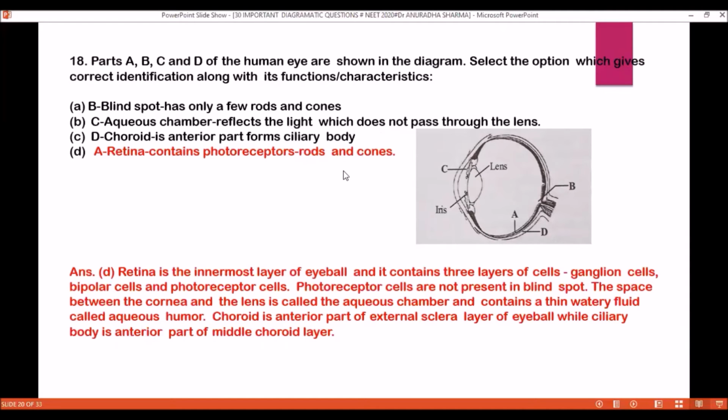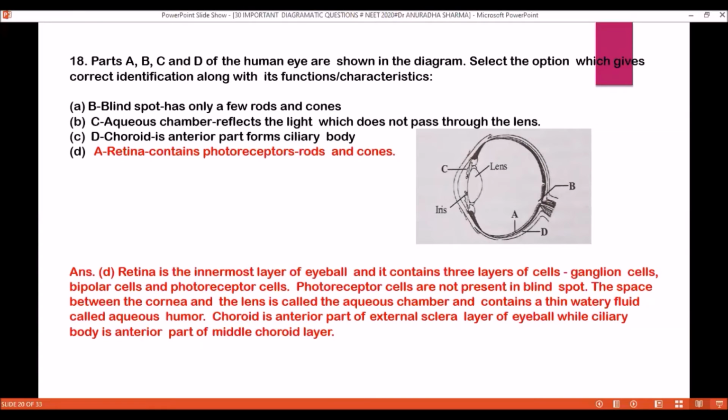is rods and cones. So retina, we know it is the innermost layer of the eyeball, and it contains basically three types of cells, that is ganglion cells, bipolar cells and photoreceptors. Now the photoreceptors are not present in the blind spot, and the space between the cornea and lens is known as aqueous chamber, and it contains a thin watery fluid which is known as aqueous humor.